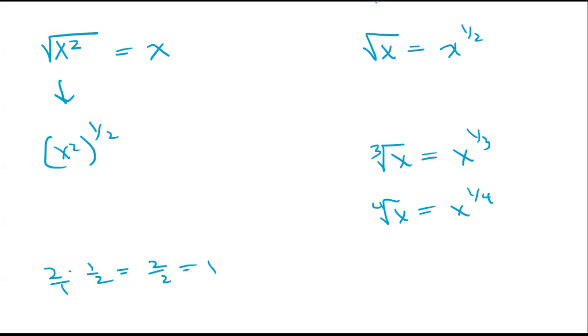So basically, these guys are going to cancel, leaving me with just x. And that's why it works. The square root of x is x to the 1/2, and if you're going to square it, the 1/2 times the 2 is going to produce a 1. So that's why the square root of x squared is equal to x.